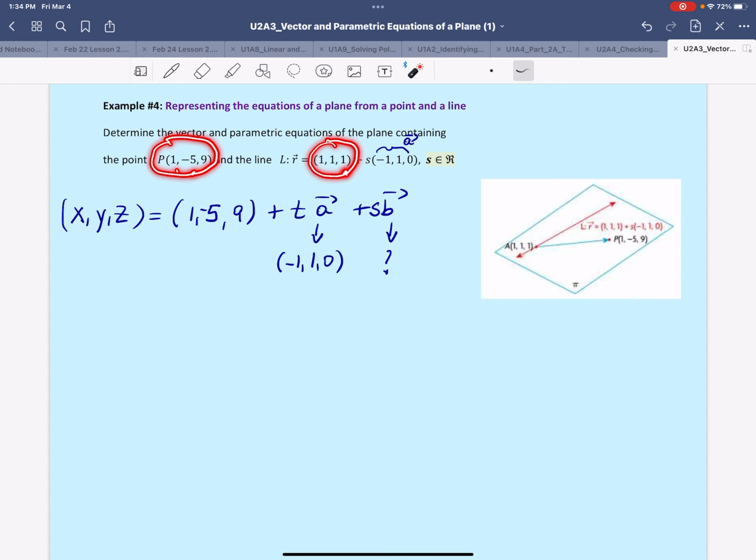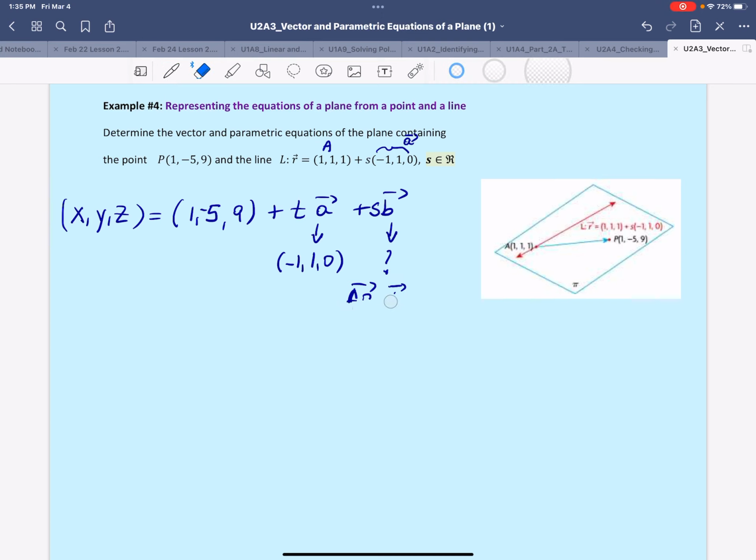So by connecting the starting point of the line with the given point, we can create a second direction vector. So for direction vector, we are going to use the coordinates of P, and I'm going to call this point A. So we're going to say that vector AP can serve as the direction vector B.